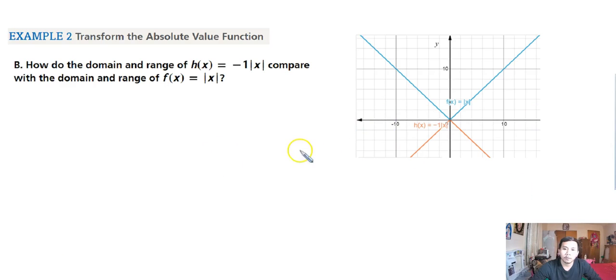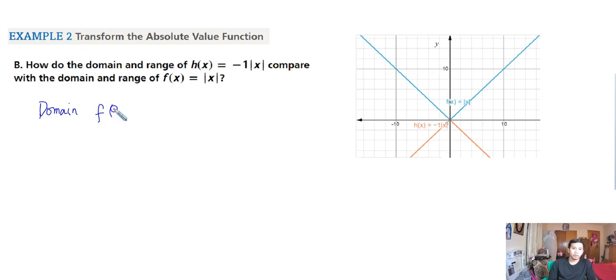Now we're going to write the domain. So still your domain, which is the x values, is right there. So the domain of f and the domain of h are all real numbers, the set of real numbers.